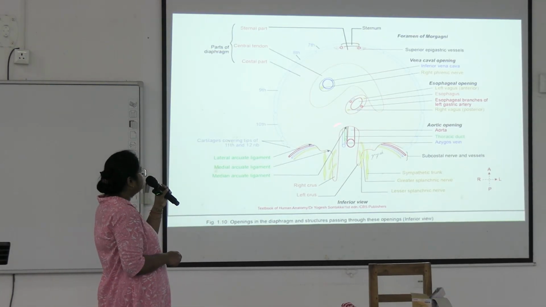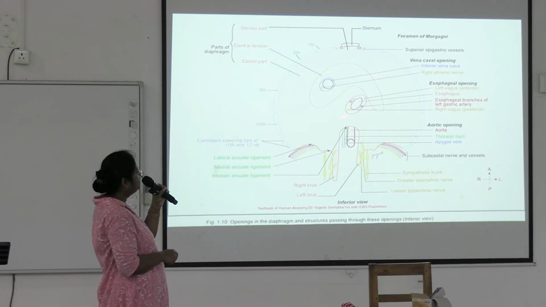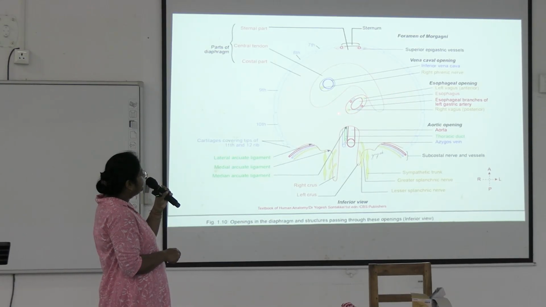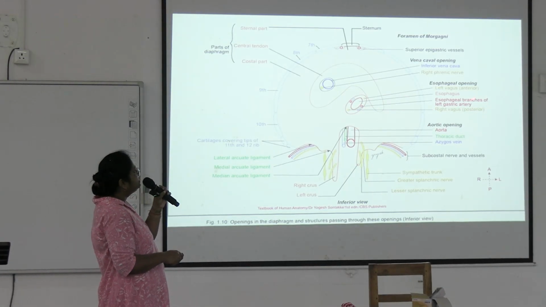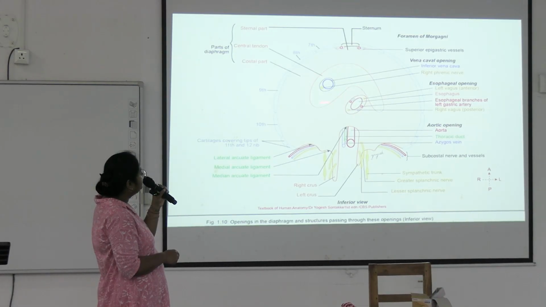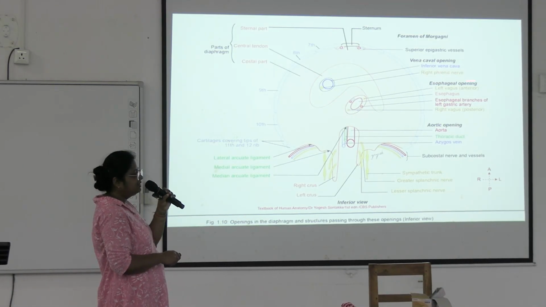So this is the aortic opening lying posterior to the median arcuate ligament. This is the esophageal opening through which pass the esophagus, the right and left vagus nerves and esophageal branches of the left gastric arteries. And here is the vena cava opening through which passes the inferior vena cava.